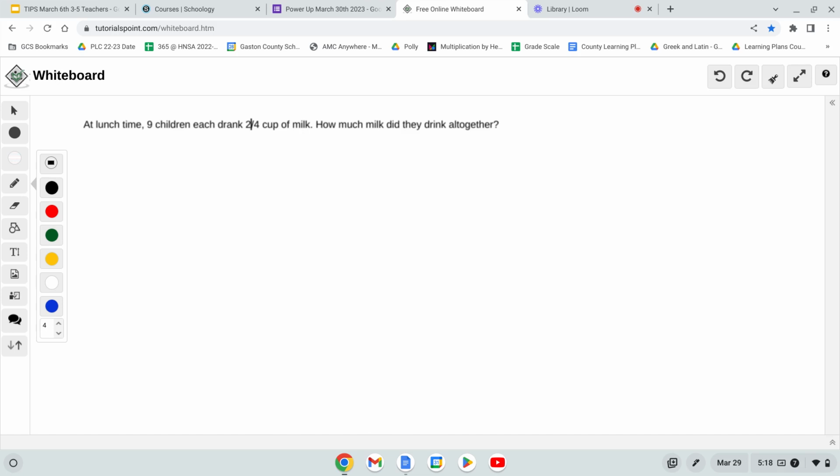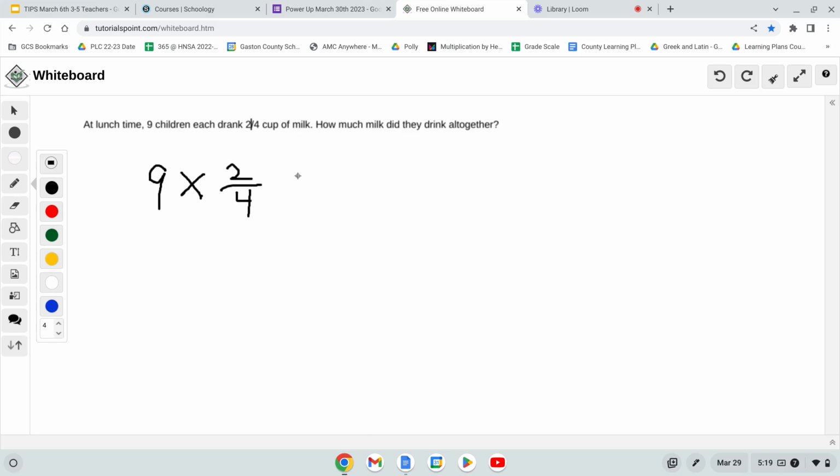They were getting, like, not really groups of, but they were being given something or being distributed something. So to me, that's the same as we have these 9 children, and they each got 2/4 of milk, which is the same as multiplication. So that's 9 times 2/4.